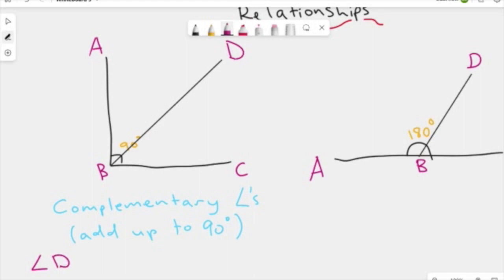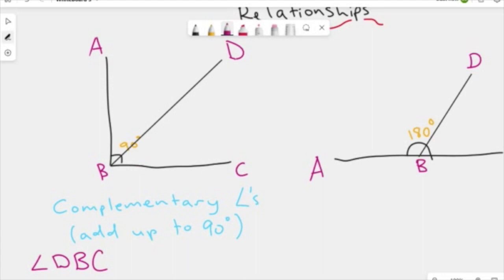I'm going to write D, which is one point, one vertex, then B, which is the middle one, and C. This tells me clearly, and I could have written this as CBD, the order doesn't matter as long as the point that both lines are meeting at is in the middle. This tells us exactly that we're looking at this angle here, D, B, C, there.